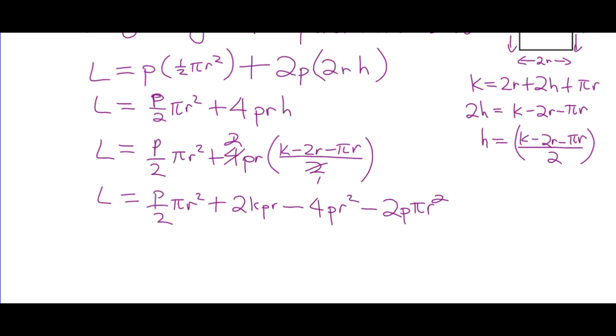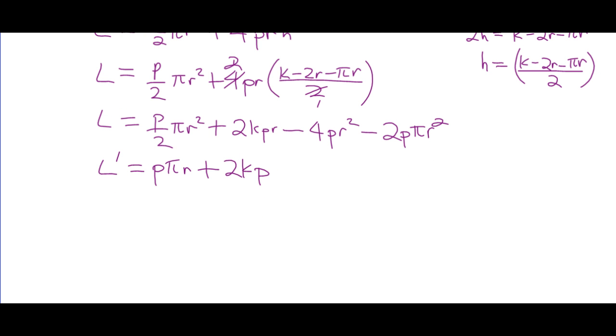So remember, k and p are constants, right? So p over 2 pi is a constant. So we're just really worried about the r squared, which is going to be 2 times r, and the 2 will take out the 2 on the bottom. Okay, so L prime: the 2 multiplies this, gives me a p pi r. 2kp is a constant, so there we go, 2kp. 4p is a constant, so minus 8pr. 2p pi, 4p pi r.